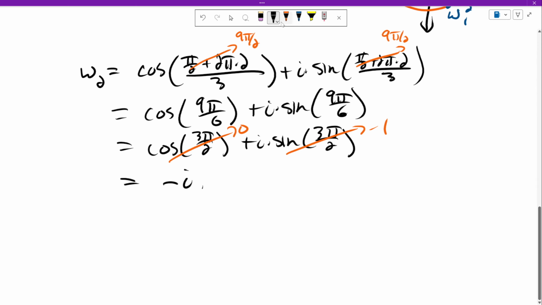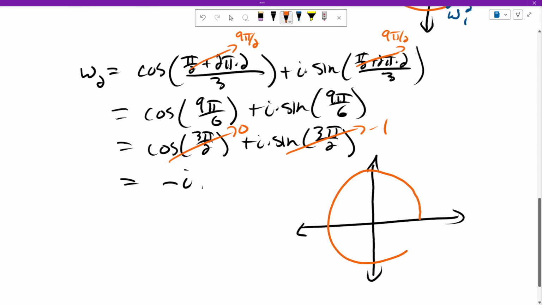All right, let's finish this example by drawing our third picture of this other cube root of i. It looks like this, and the one that we found is down here at negative i. Every time we take a power of w_2, we have to go around 270 degrees.